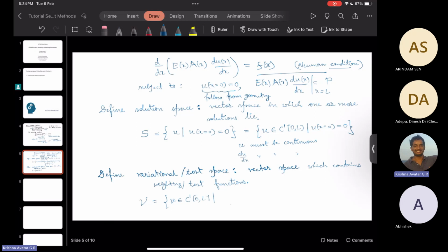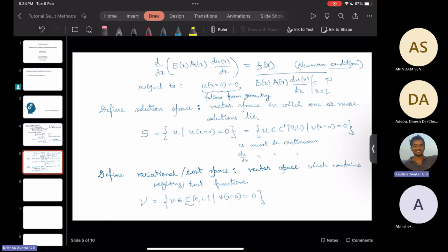And then v of x is equal to 0 at the Dirichlet boundary. A more stringent requirement could be that instead of C1, we take L2, which is square integrable functions, but let's keep it at that as of now.